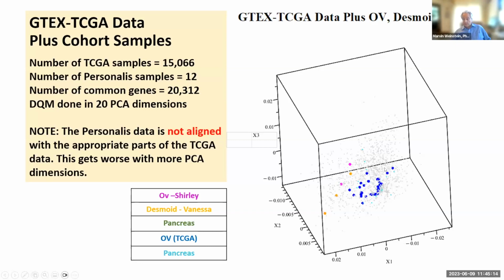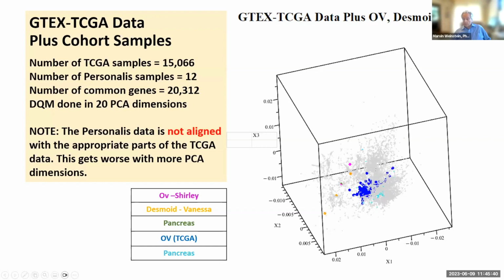There are 15,000 of these on this plot. You see that DQM is being applied to this, so this is already what you could call the clustered thing, showing different tumor data sets. And basically what you see here, again, are the Shirley tumors, not including the PCBM, and Vanessa's tumor set.